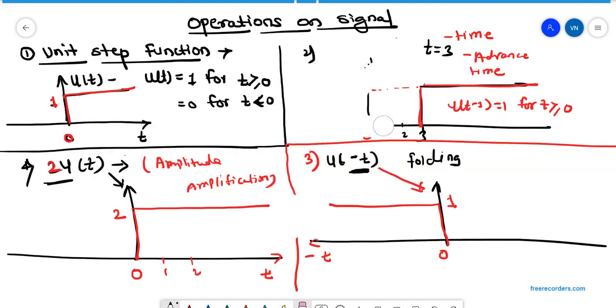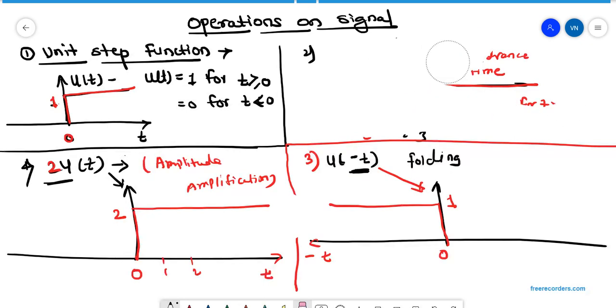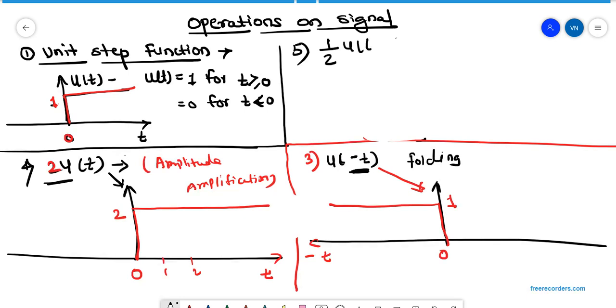Next, if I have to draw another signal, for example 1/2 into u of t, what is the meaning of this? Again the same meaning applies. I have to divide the amplitude by 2. Through that divided value I have to decrease, or compress, my amplitude.